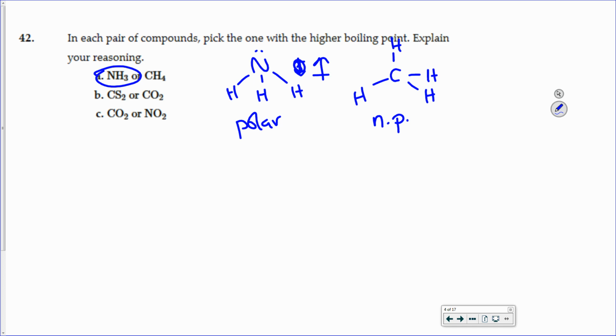All right, we'll do the next one as well. Let's look at these two. Sulfur and oxygen are in the same family. If you remember, CO2 is linear, which tells me that carbon disulfide is linear as well.